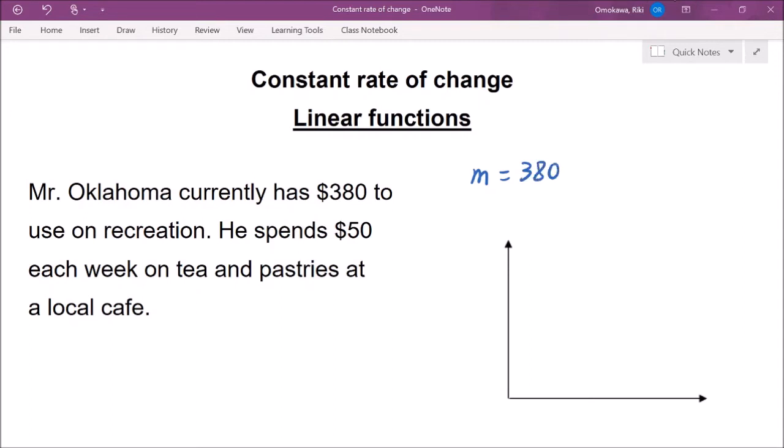But now every week, the money decreases at the same rate, so minus 50 per unit of time, 50t. And then the graph at time 0 or week 0, the money starts at 380 and then goes down every week at the same rate, minus 50, minus 50. And again, the graph is linear, it's a line.